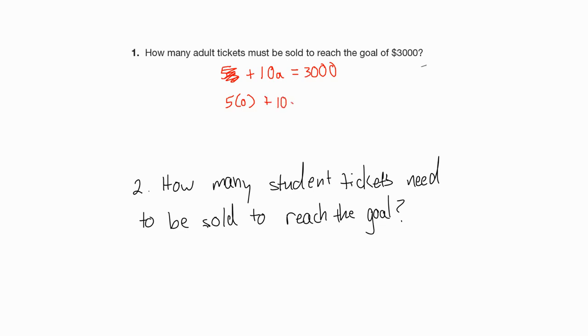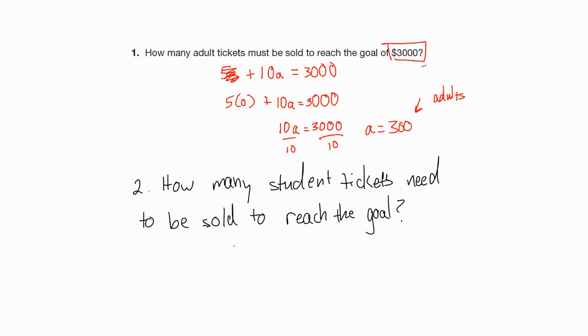Plus 10A equals 3,000. So now I've got 10 times the number of adult tickets is equal to $3,000, and you should have divided by 10 to get that the number of adult tickets would be 300. 300 adults would raise $3,000, right? $10 a ticket, 300 adults, $3,000.